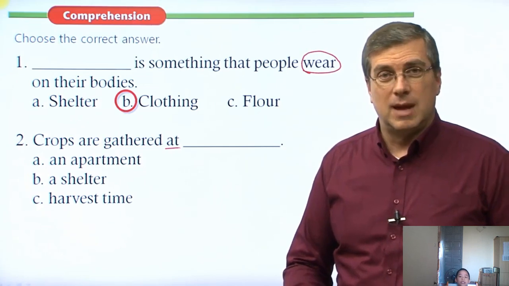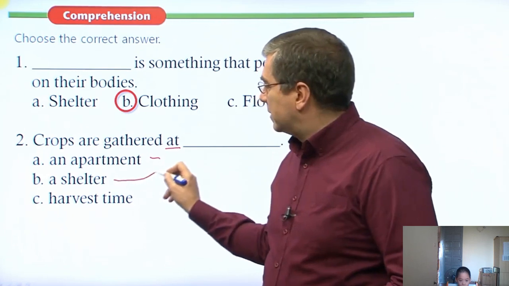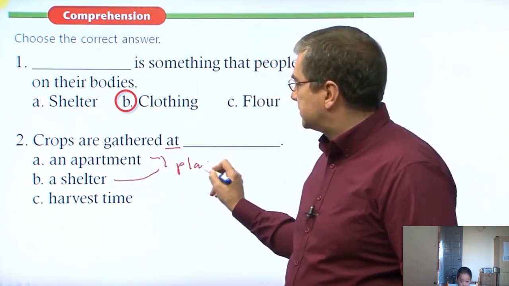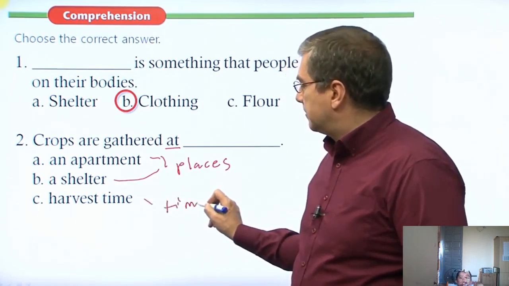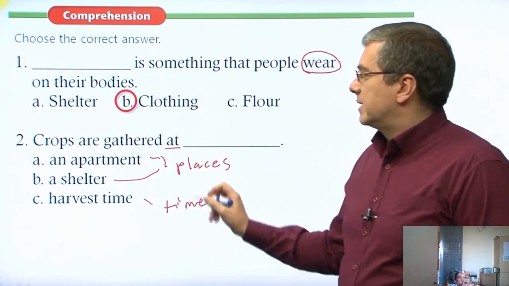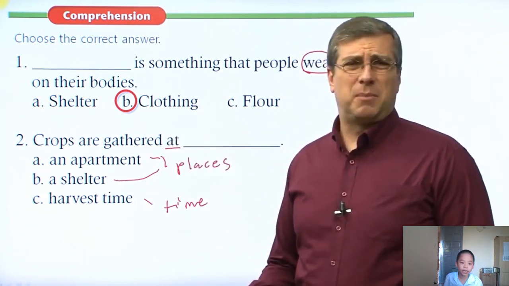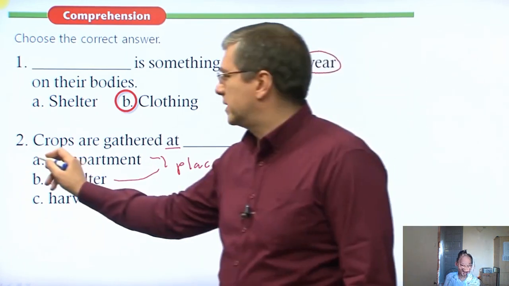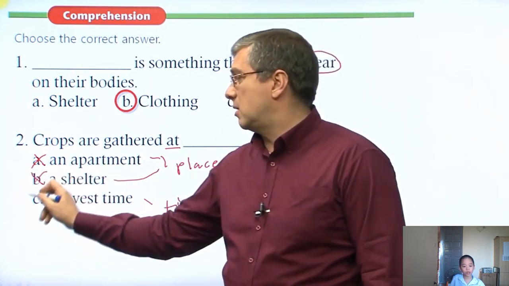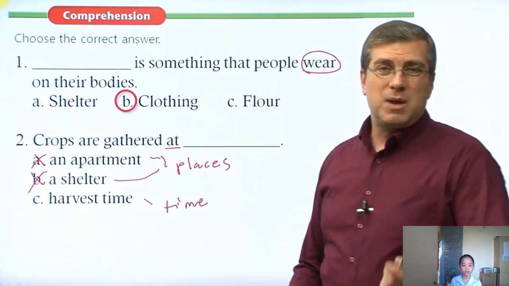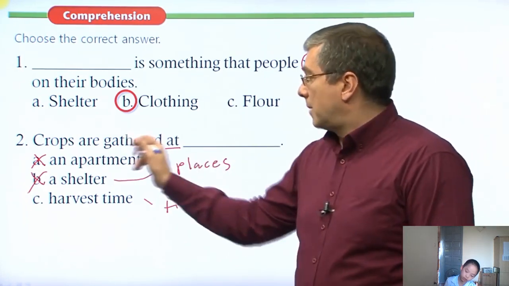Apartment and shelter are places, but here we have the word time. Crops are gathered at harvest time. So A and B will not be our correct answer. Just C is our correct answer.